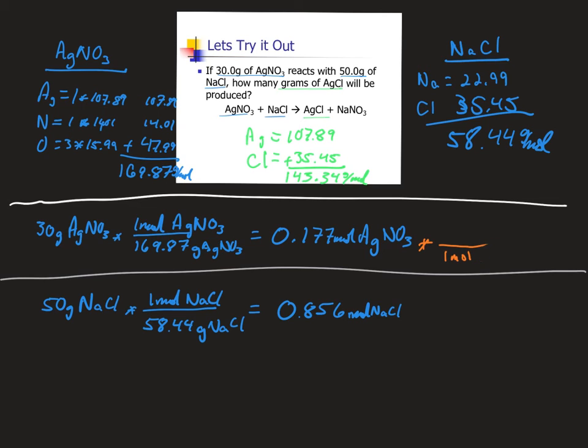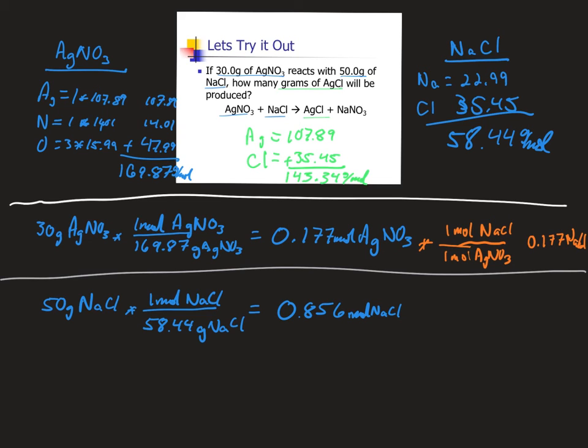Make sure I write out the problem correctly. 1 mole of silver nitrate to 1 mole of sodium chloride, and that's going to give me 0.177 moles of sodium chloride.